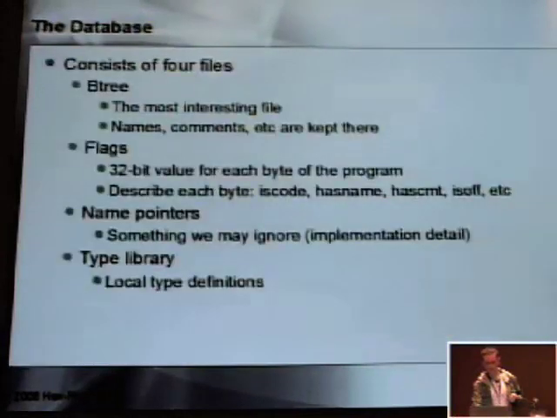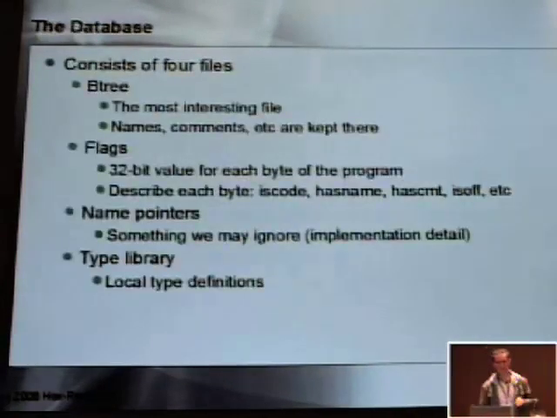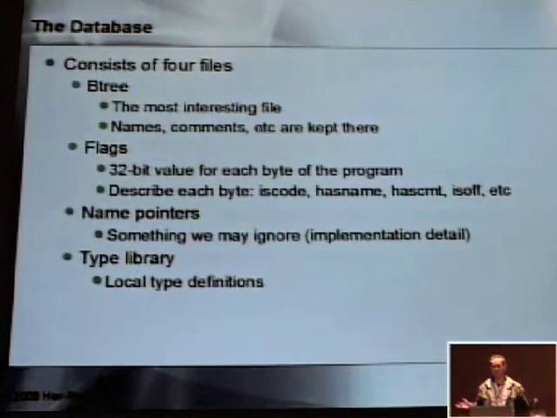I will just tell you a little bit more about the architecture and how the information is stored in the database, so you will understand the next slides much easier. The database has 4 files. The B-tree file is the most interesting one because it contains the most information, like names, comments, and other stuff.